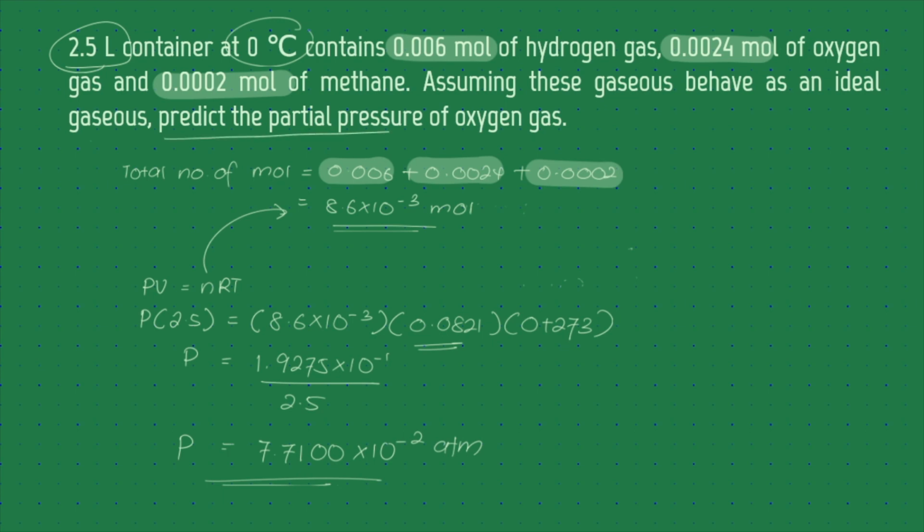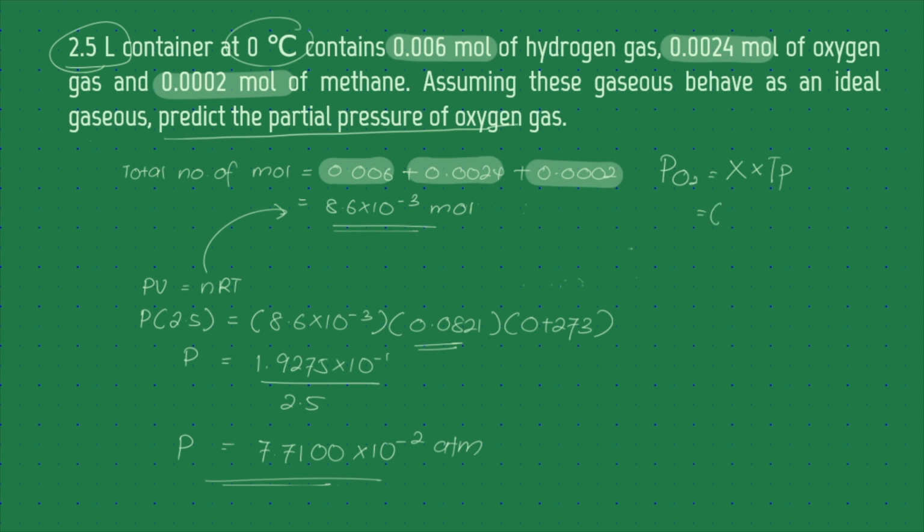And you were asked to predict the partial pressure of oxygen gas. So the partial pressure of oxygen gas is equivalent to the mole fraction times the total pressure. The mole fraction is what we calculated just now.